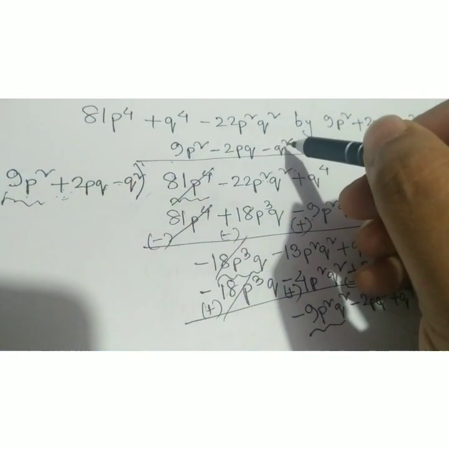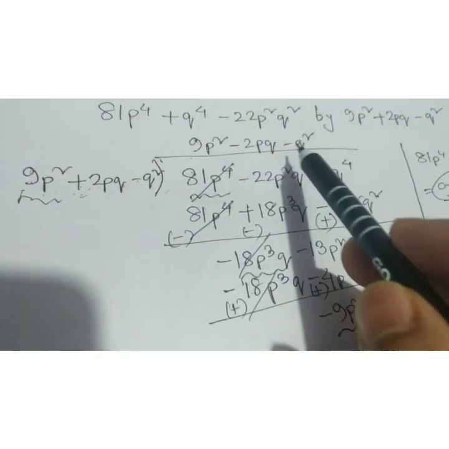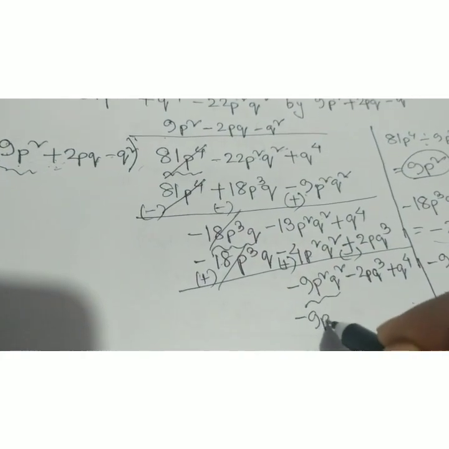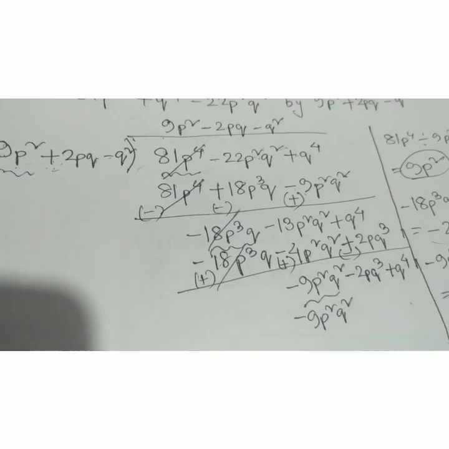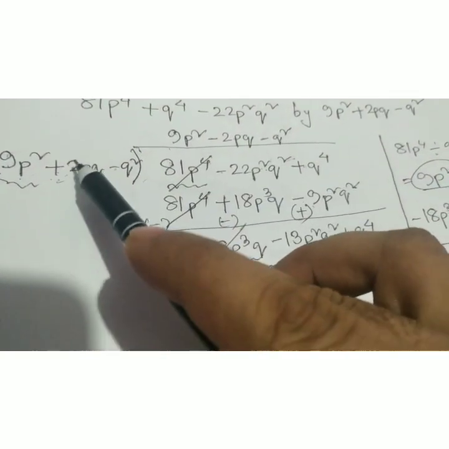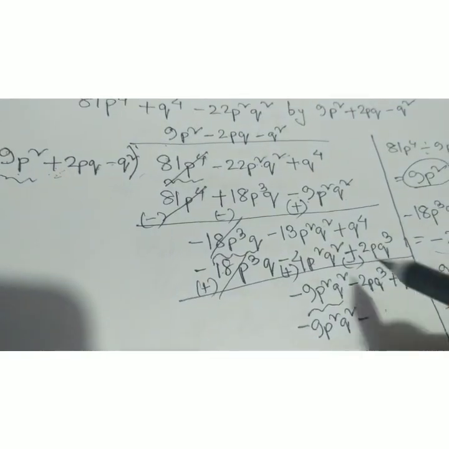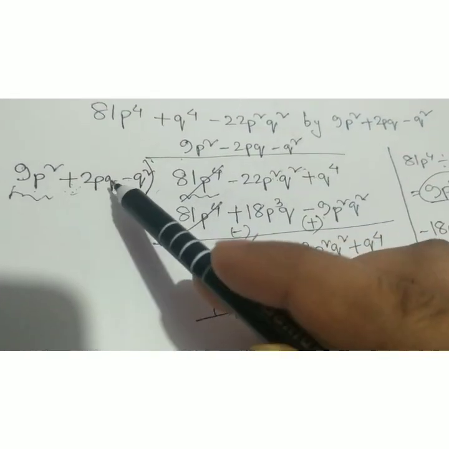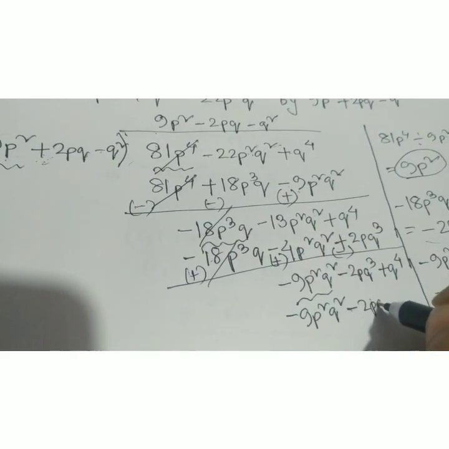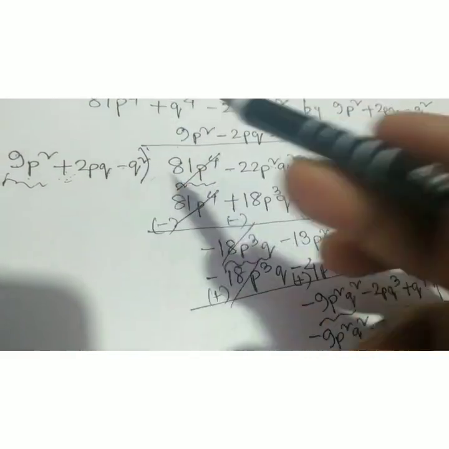Okay. So this minus q² now gets multiplied with this whole. So minus q² into 9p² is minus 9p²q². Minus q² into plus 2pq. First, plus into minus is minus. Then 2pq into q², that's 2pq³. You see, q into q² is q³. Then p stays as it is.